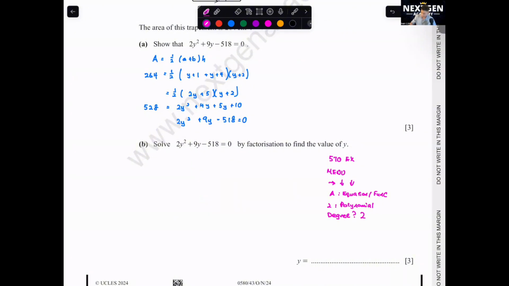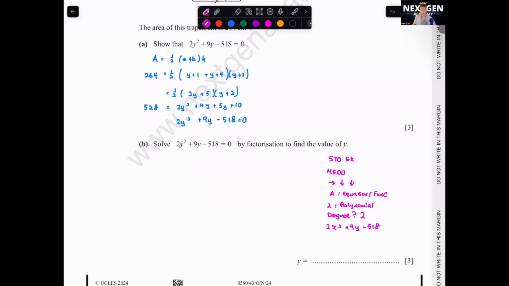Then we're going to put in the equation: 2, 9, minus 518. We're going to work backwards from here. You all see two answers over here. X1 is equal to 14. X2 is equal to negative 37 over 2.